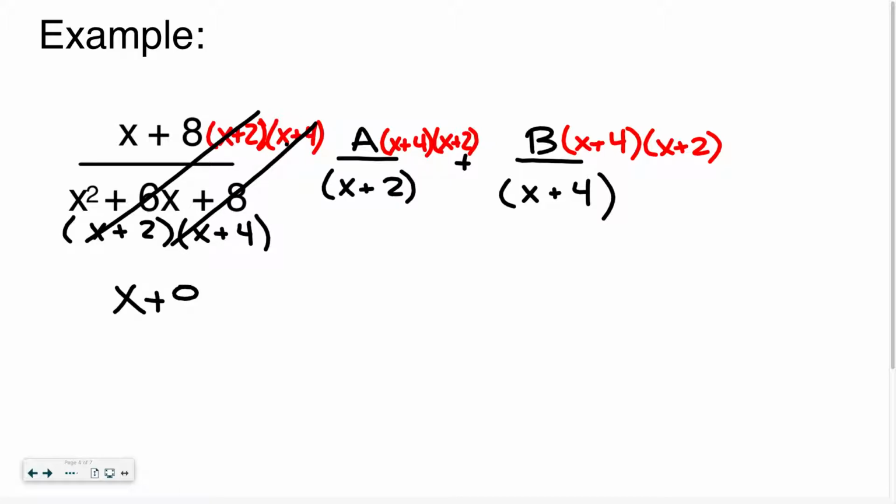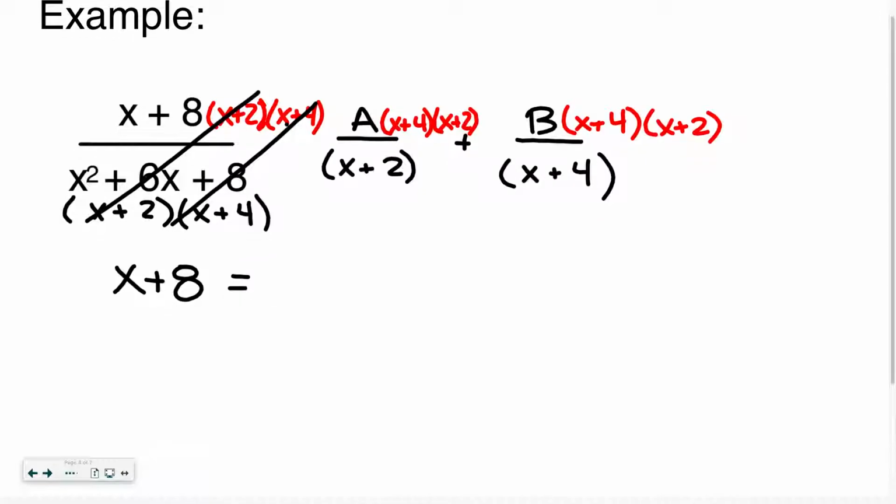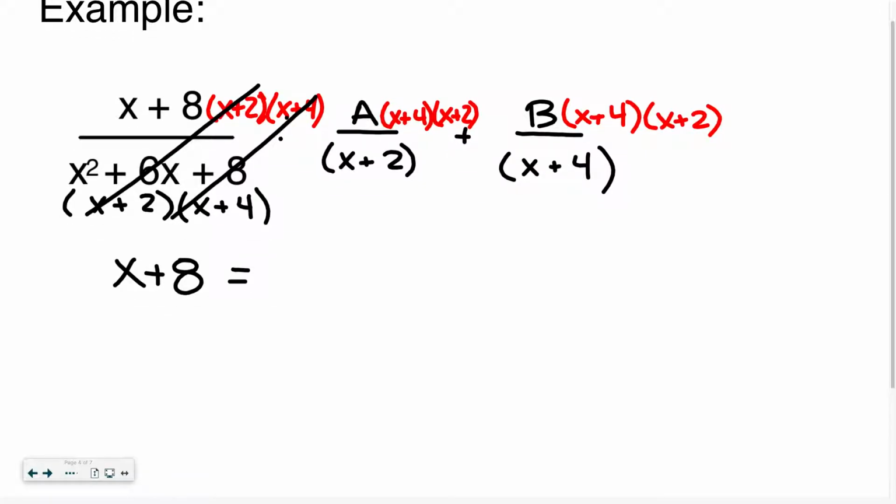We have x plus 8, no more denominator. Great. Doesn't look like a fraction anymore. Okay. On the other side, I'm missing my equals. On the other side, a x plus 4, x plus 2 over x plus 2, only x plus 2 will cancel. So then I have to have a times x plus 4.